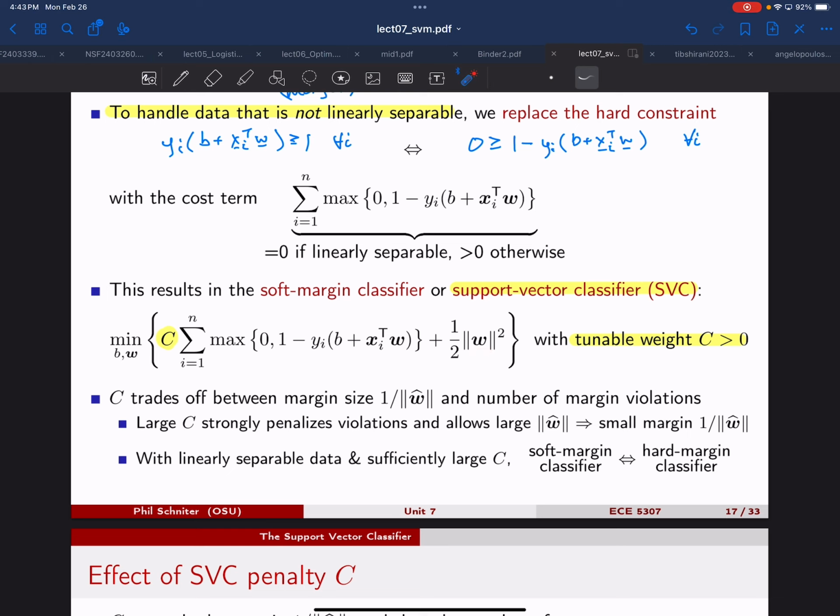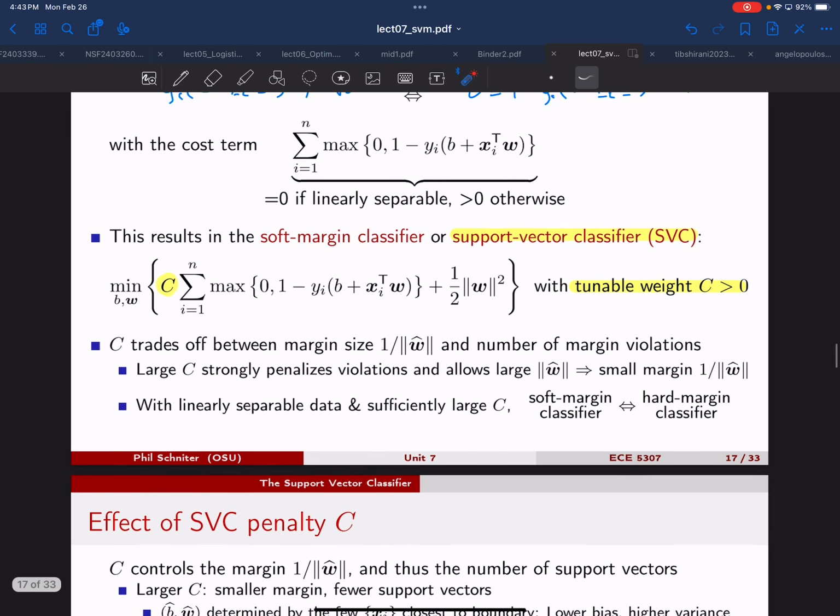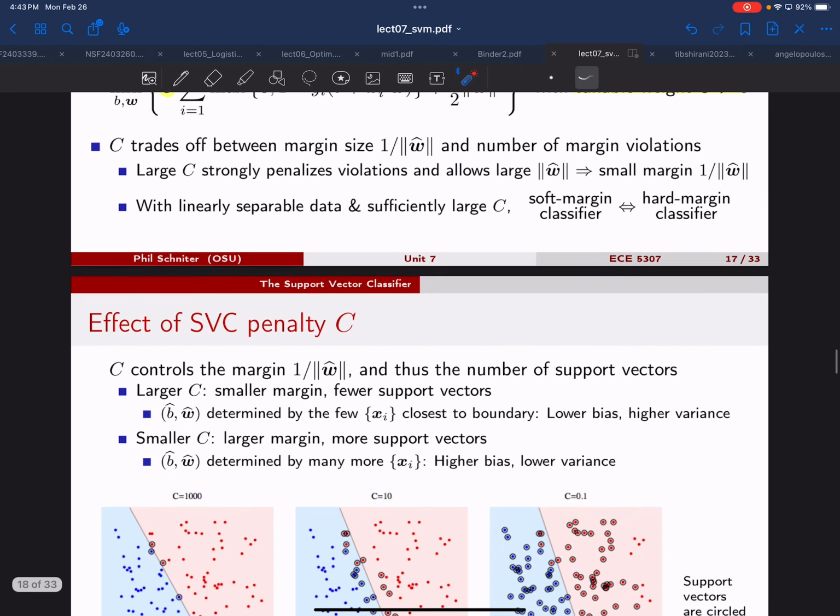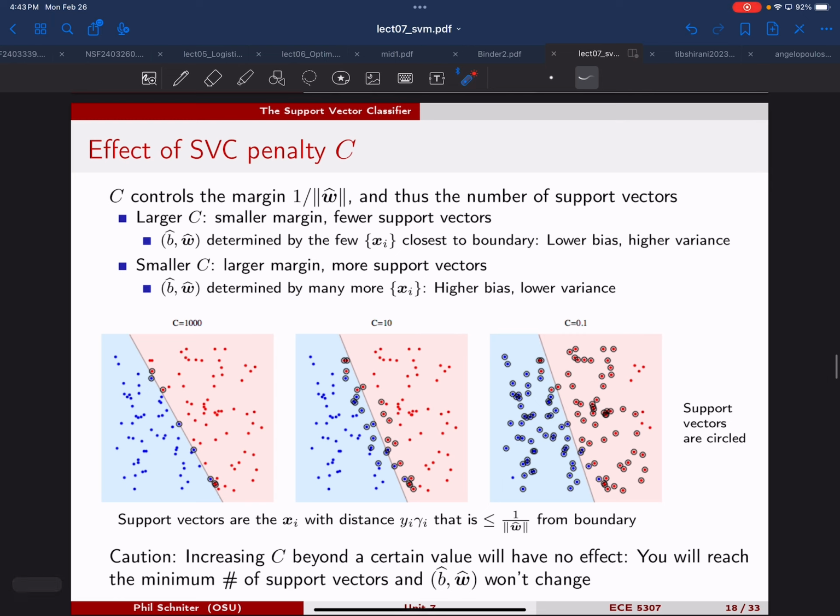And when W is big, the margin, so when large W gives a small margin or a small street width. So let me show you in terms of a picture.